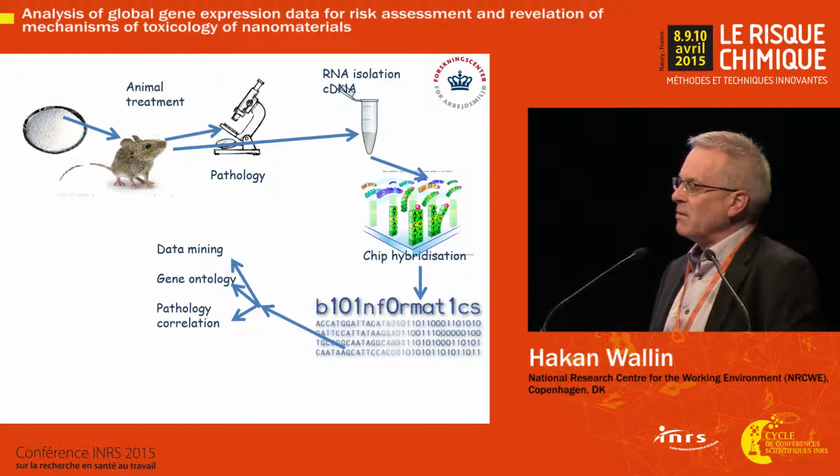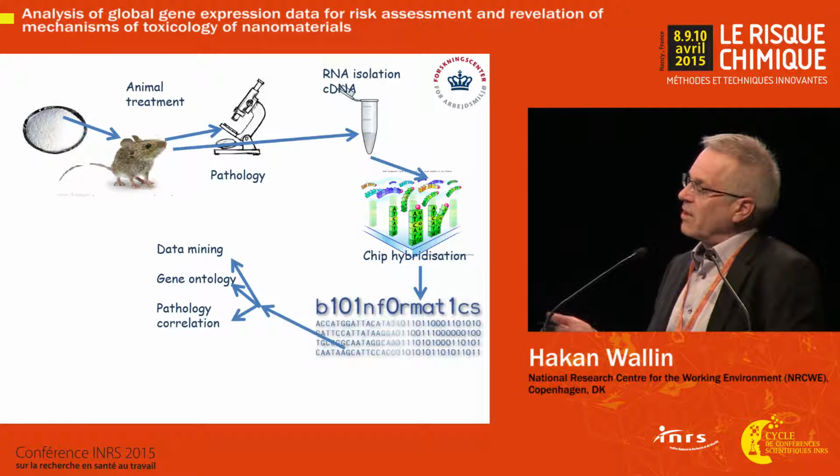It's a moving body which is reorganized all the time. Data mining, you go into the literature, you go into other people's experiments and compare your results. And I didn't mention, of course, you have to have toxic endpoints if it's toxicogenomics.